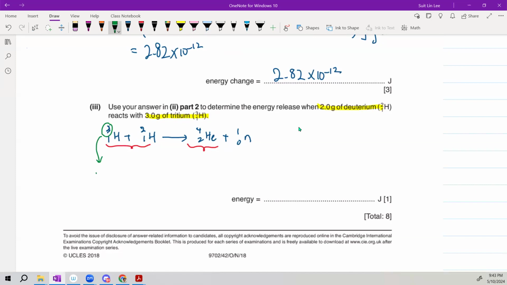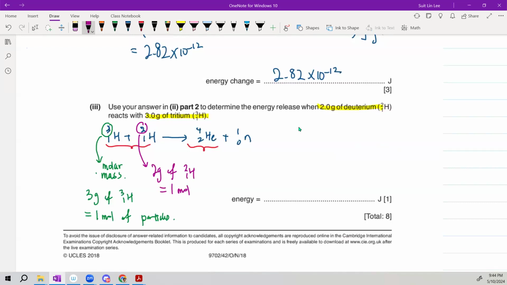This 3 gram is commonly known as molar mass, meaning 3 gram of tritium is equivalent to 1 mole of particles. Likewise, this 2 here is also the molar mass. So meaning 2 gram of deuterium is equivalent to 1 mole of the particle.